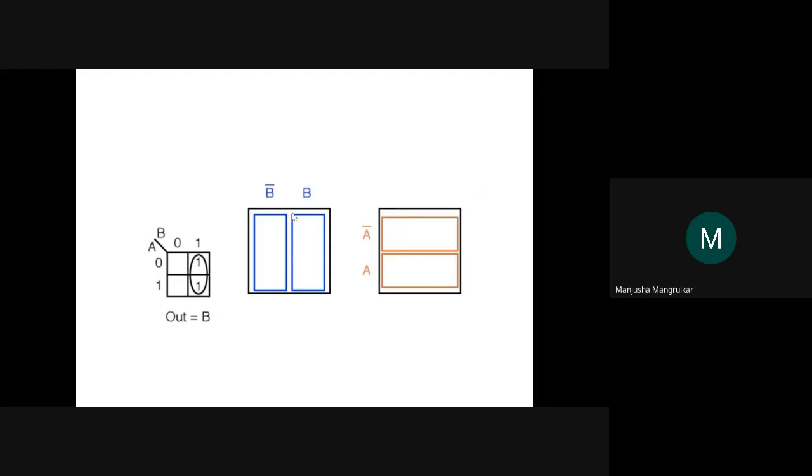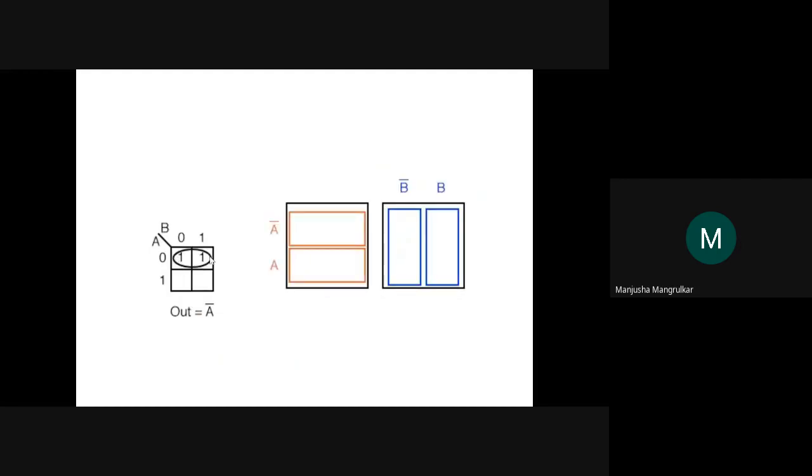So if you are doing grouping, you should know that if the group is this, then only B complement; if the group is this, then only B. Now here the group is this, so the output is only B. If the group is this, the output is only A complement, because B values are changing from 0 to 1, and here all are 0. For SOP terms we have to focus on 1, not on 0.